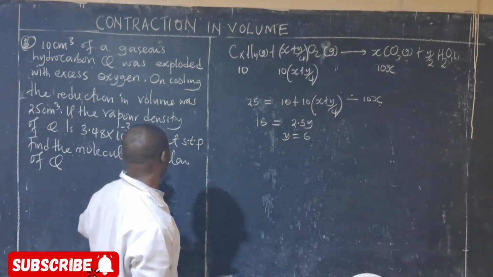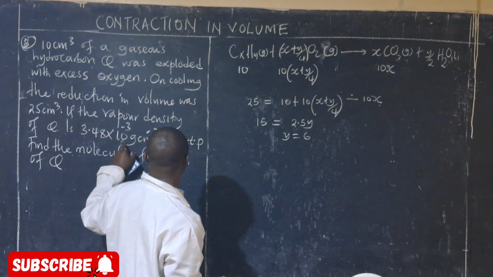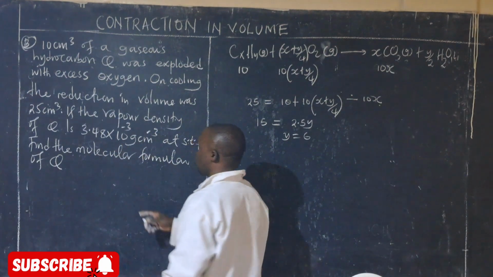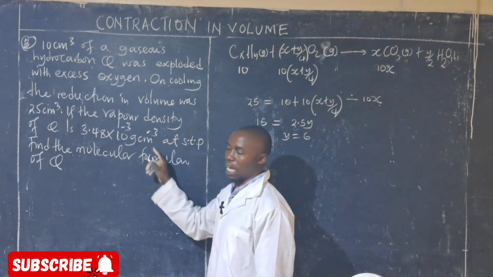But since they gave us the vapor density with units, we have to convert it to the molecular mass by interpreting 3.48 exponent negative 3 grams in 1 cubic centimeter.